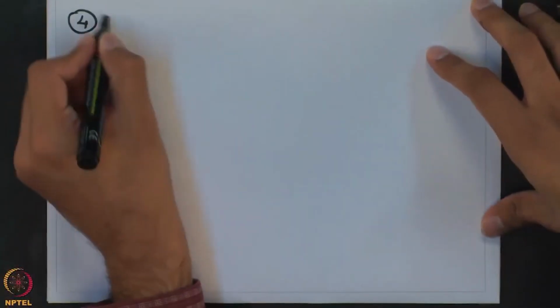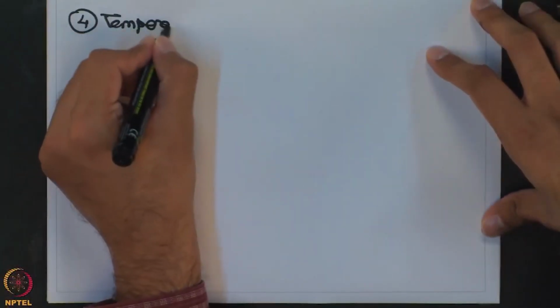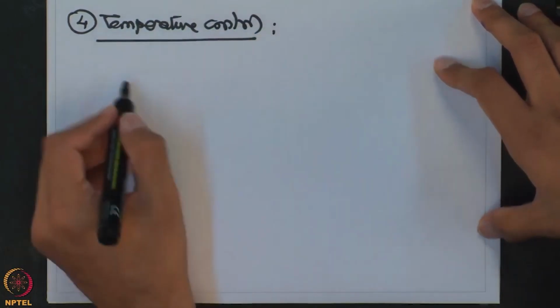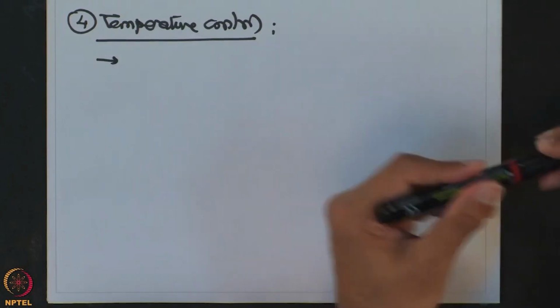Next, we go to temperature control. Most of the times temperature is controlled because you want to maintain a certain temperature inside a reactor, which is favoring the kinetics of the desired product.